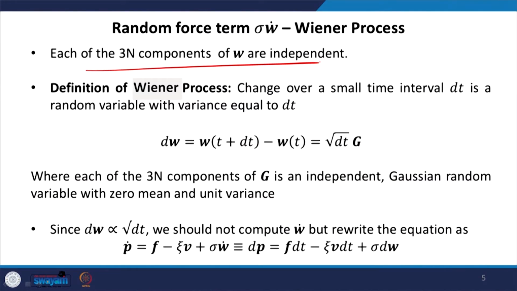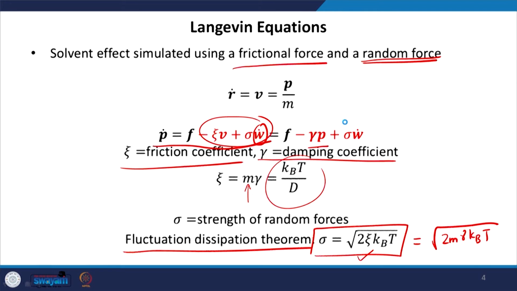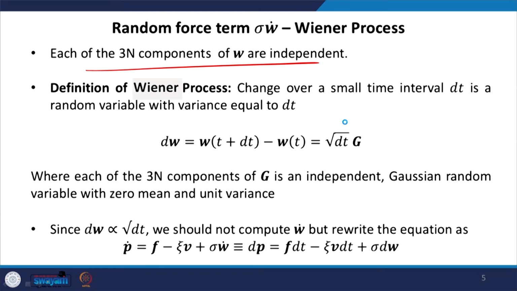So, first of all, this W has 3n components, and in fact, the time derivative of W appears in the equation, and all these 3n components are independent of each other, and they are basically forming what is known as a Wiener process, and it is defined like this. So, if we look at the change in W over a small time interval dt, it is going to be a random variable with the variance equal to dt.